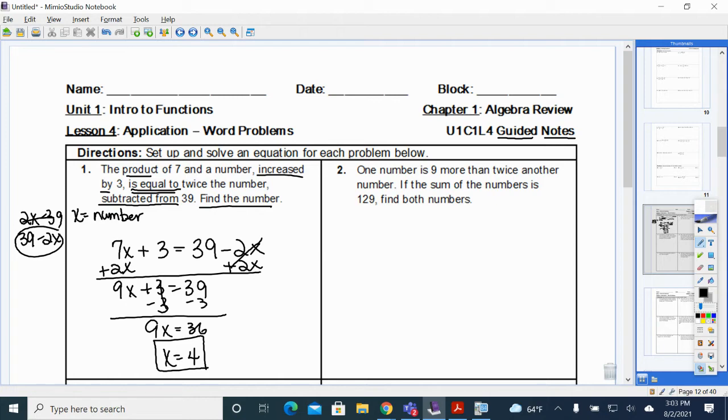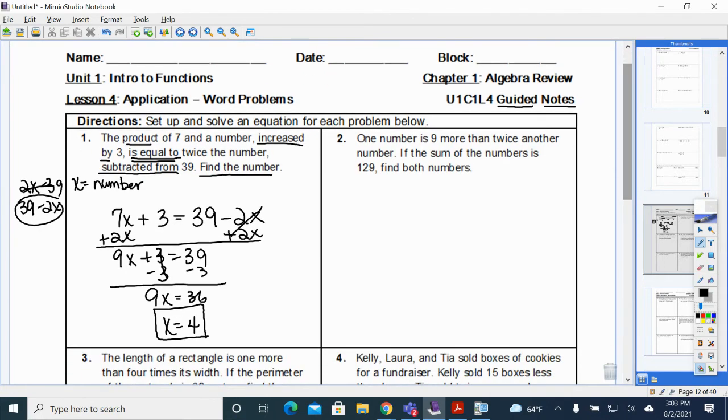Let's go ahead and look at example 2. It says one number is 9 more than twice another number. If the sum of the numbers is 129, find both numbers. Well, we're going to let x be the first number. X is the first number.